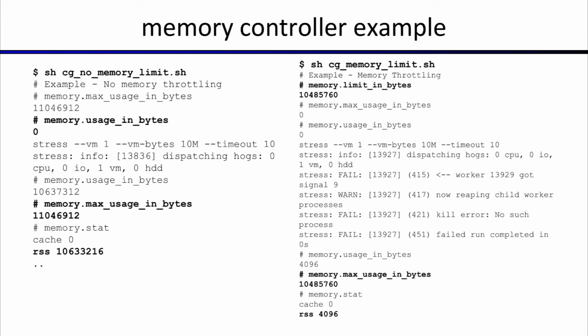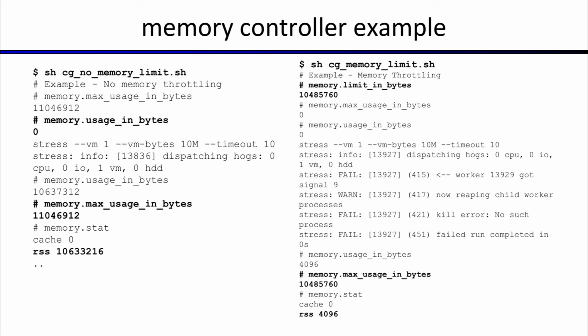On the right side, I have the same process trying to get 10 megabytes of memory, but I also put a memory limit there of 10 megabytes. What that does is that it needs more than that, because there is some other memory in the process that it needs beyond 10. So it starts failing, which means that the memory allocation does not happen.